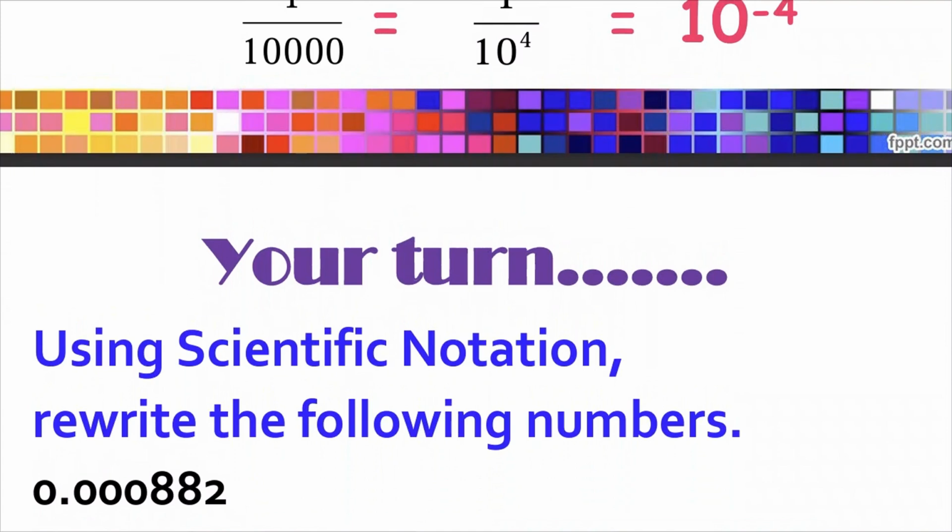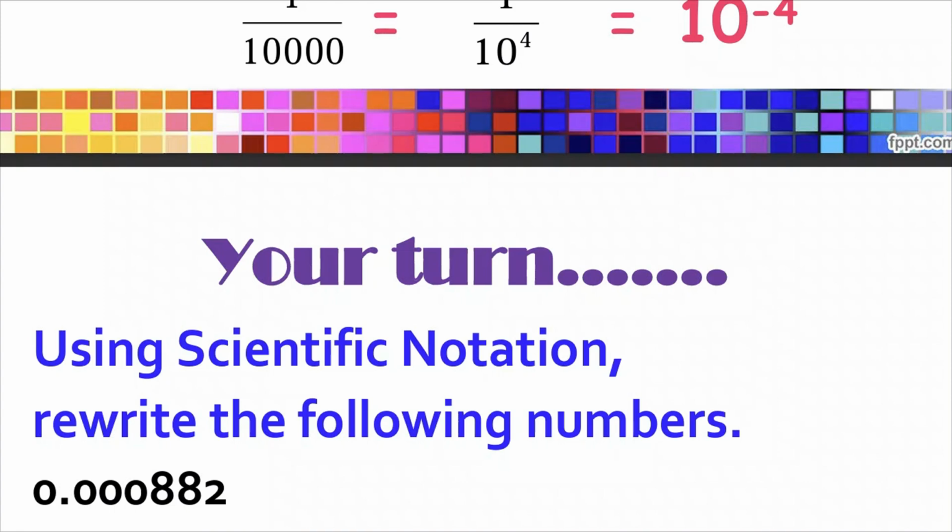The rule is still the same: decimal after the first significant number. What is the first significant number here? 8. Now count after the decimal. How many are they? 8 and 2. 8.82 times, again, times 10.